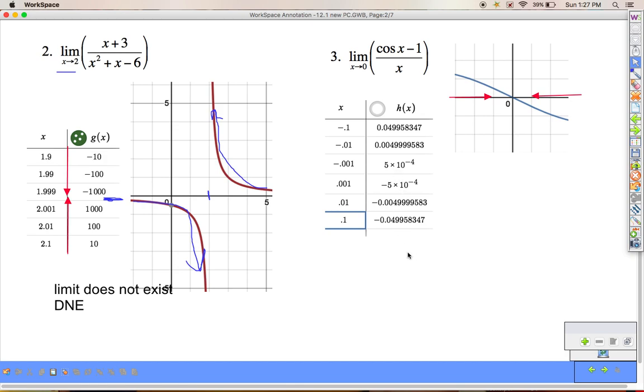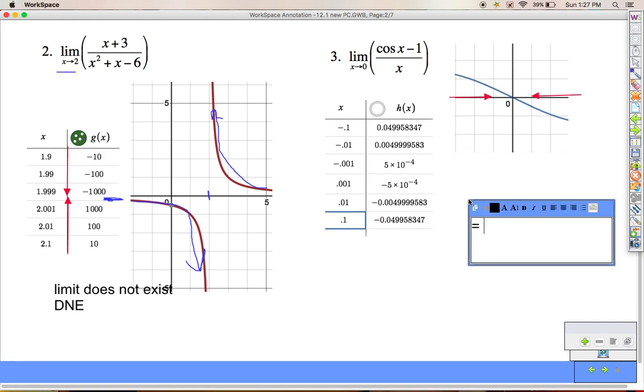What value of y is this graph going towards? Looking at the graph and these numbers, they keep getting smaller and smaller. So we're going to say this limit equals 0, because it's going towards 0.